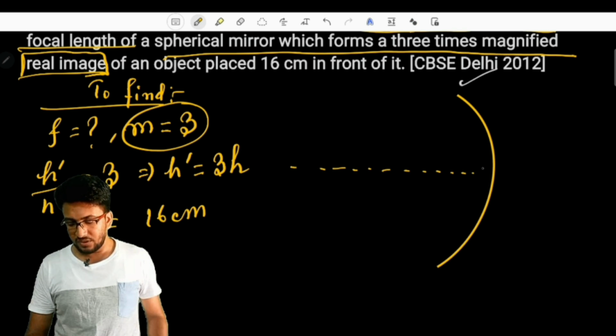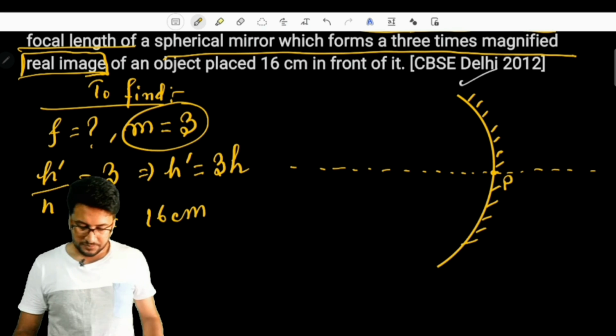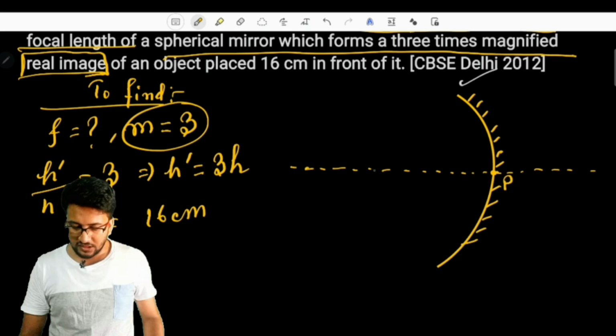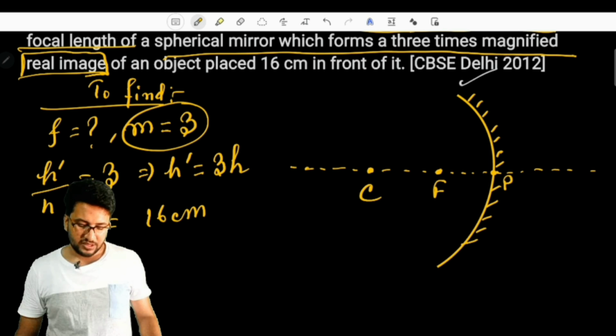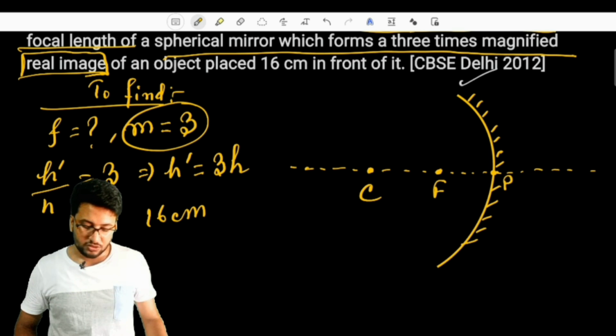Now for this concave mirror, let us check. Such geometries will be followed again. Okay, now you can see that if this is the center of curvature and this midpoint is the focus of the mirror, then how far apart is the object kept?